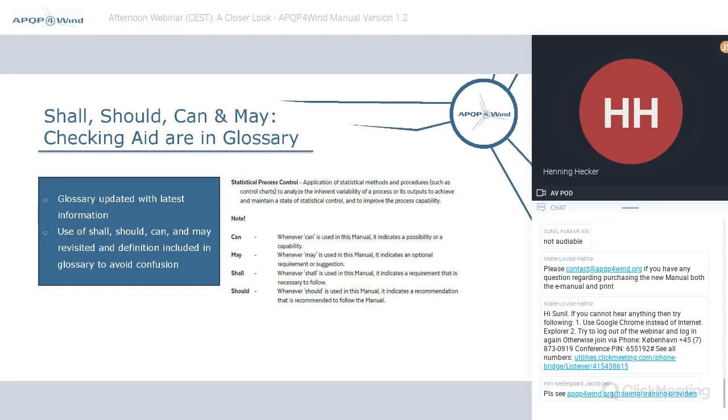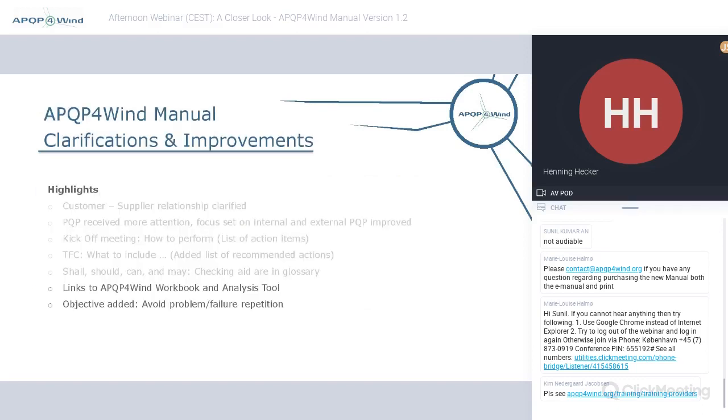So we added a clarification to our glossary, where you can see the definition of these four words, to clarify what is mandatory when you see should, or what is up to the negotiation level, and then you have can.